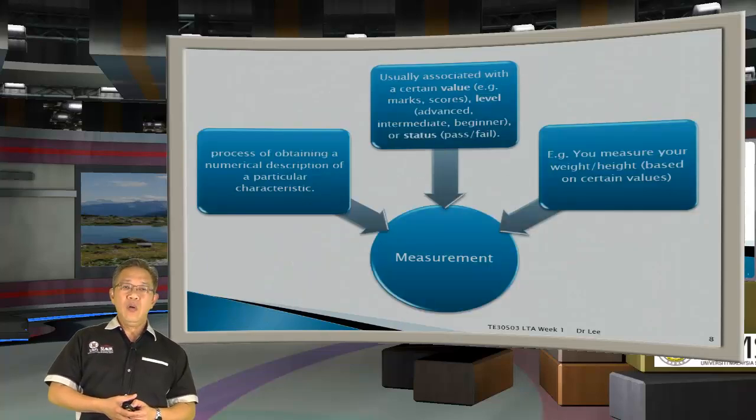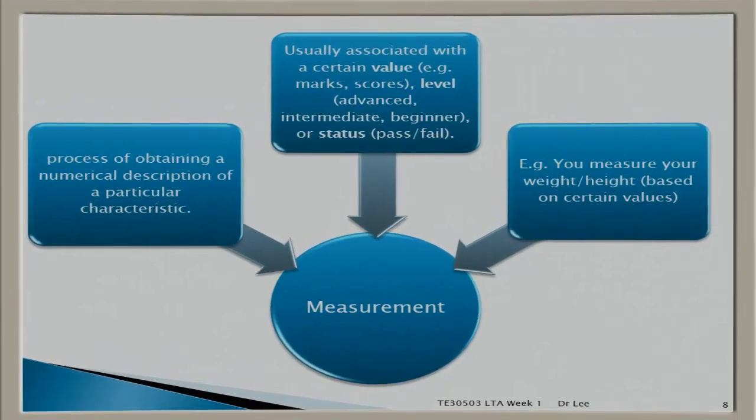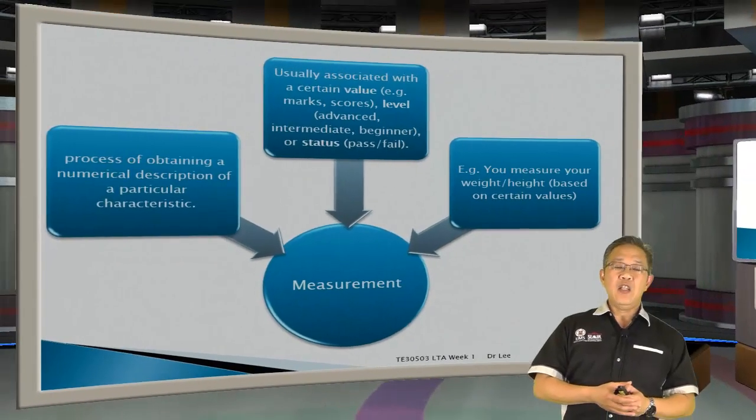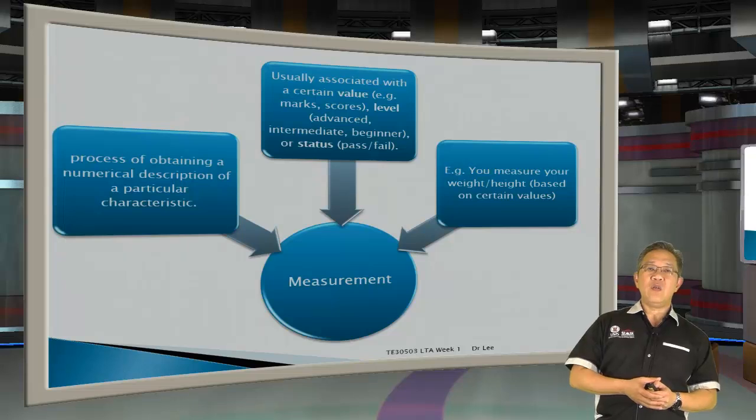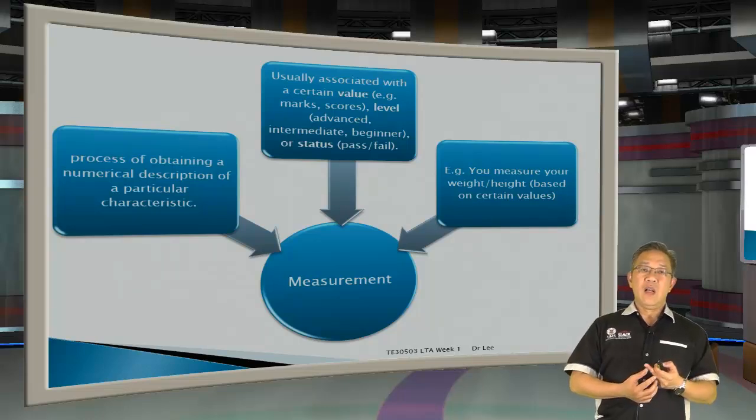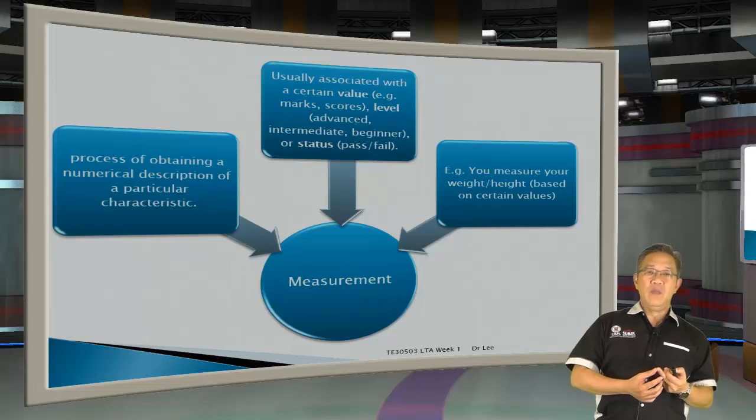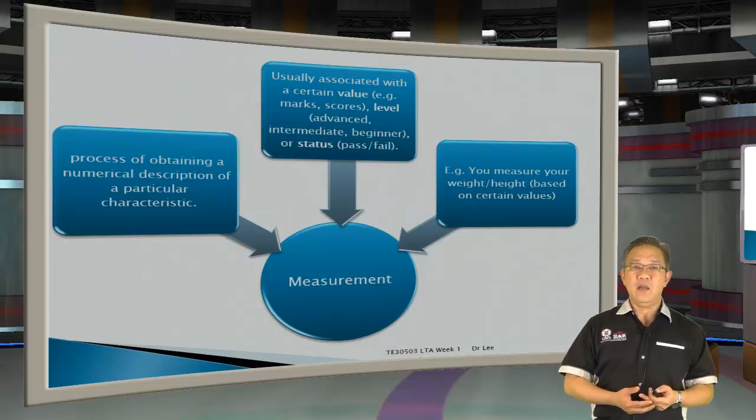Moving on, we'll look at the third important concept called measurement. Measurement is a process of obtaining a numerical description of a particular characteristic. And usually, measurement is associated with a certain value, for example, marks, scores, or level, which could be advanced level, intermediate level, or beginner level, or sometimes status, pass or fail.